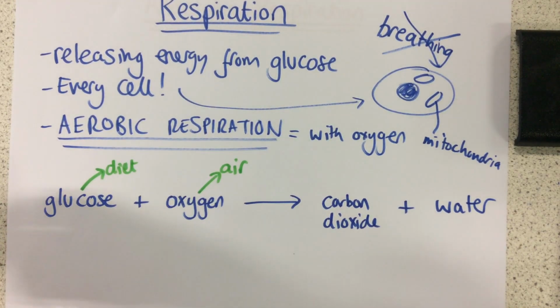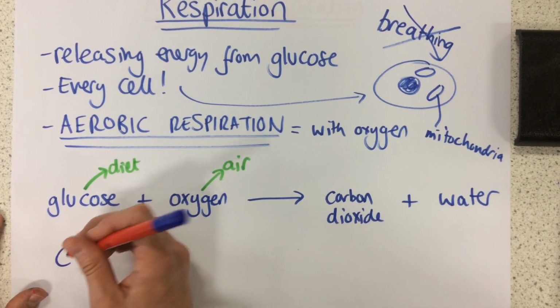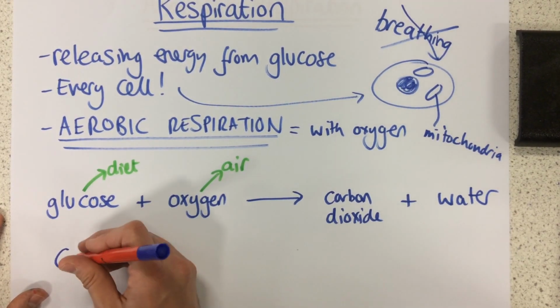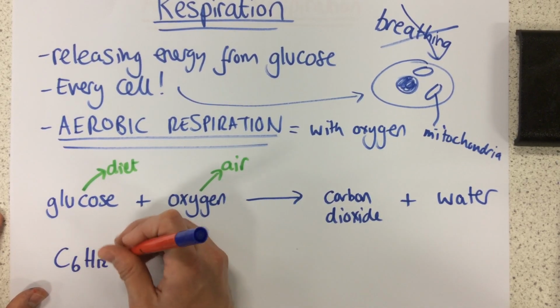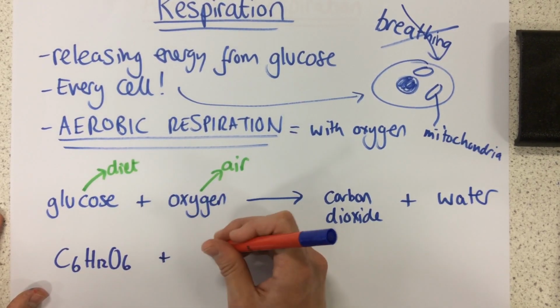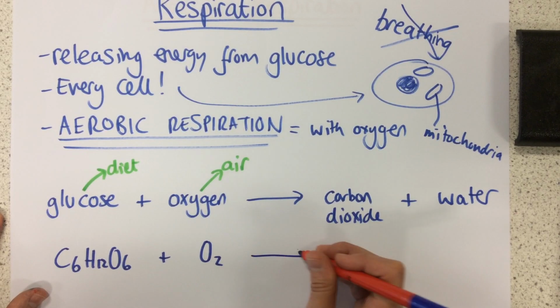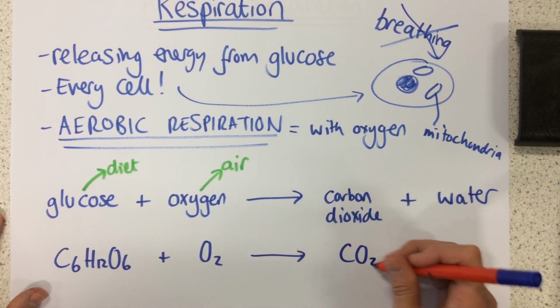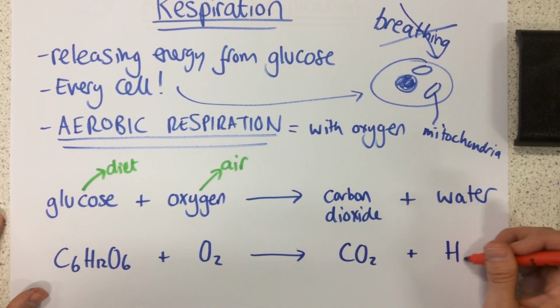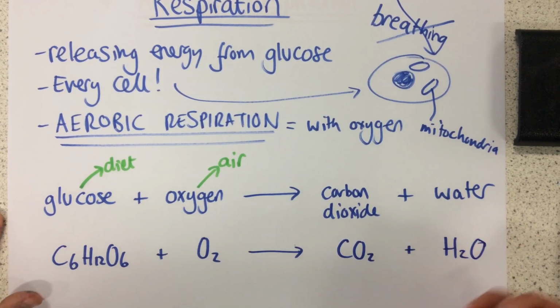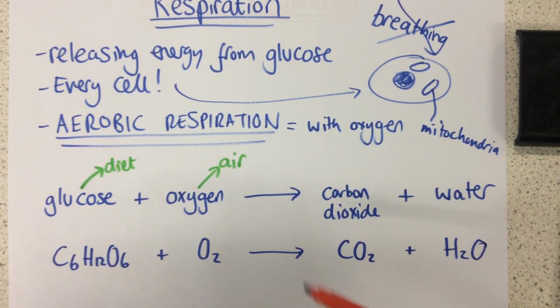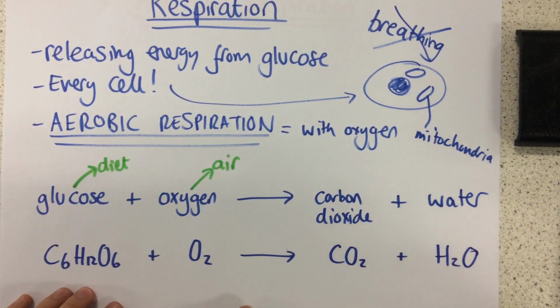So let's see what the symbol equation is for this particular equation. So glucose is C6H12O6. Oxygen, should hopefully know, is just O2. Carbon dioxide is CO2. And water is just H2O. Now to balance this, it's really, really nice and easy.